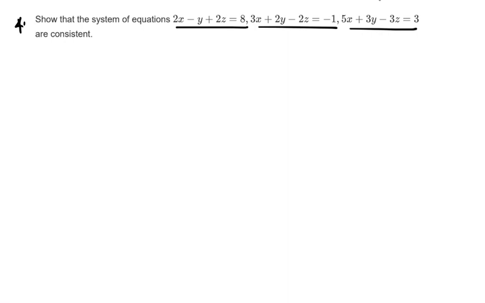First you have to know what is consistent and what is inconsistent. If it is consistent, you will get the value of x, y, z. If you're able to find the value of x, y, z, then the system of equations is consistent.